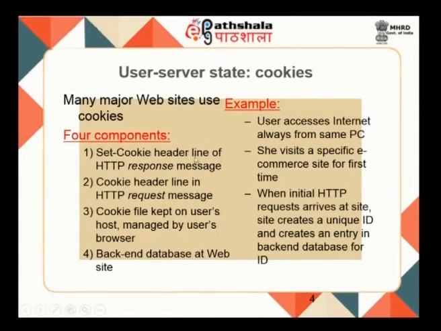It will send this cookie information as part of the set cookie header line in the HTTP response message that it sends. Once that is done, this information will be stored in the user's browser as part of the cookie file. Then subsequently when the user sends a request, a cookie header is added in the request line, which will have the information that was stored previously.